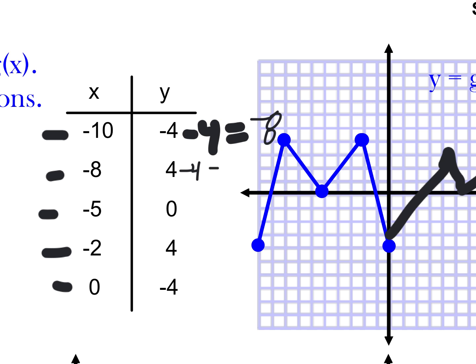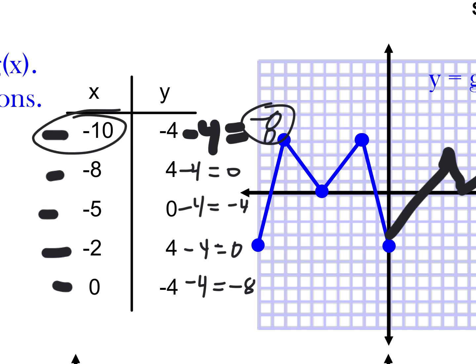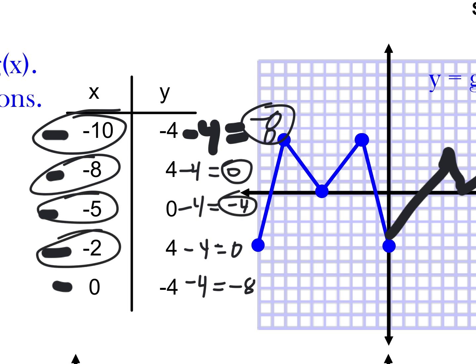Minus 4 from this is 0, and minus 4 from this is -4, and minus 4 from this is -8. No, this one was 0, sorry. And this one's -8. Now guess what you get when you graph all of these points? You get your M that has been moved to the right place.